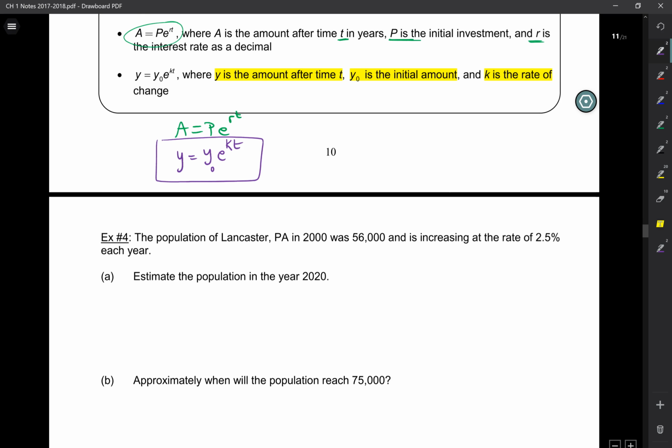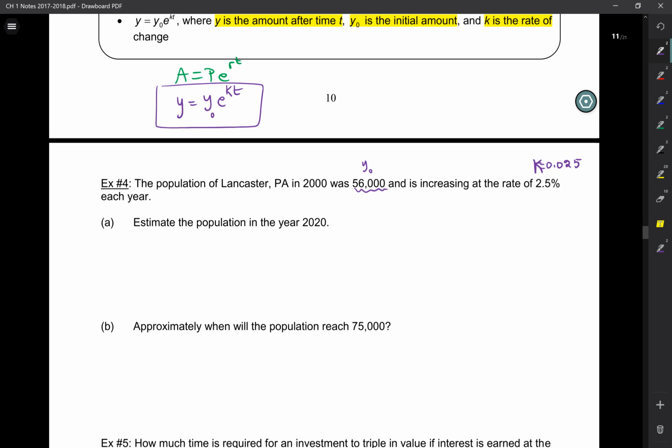So the population in a town in 2000 was 56,000, and it's increasing at a rate of 2.5%. So now, the 56,000, this is when the problem began. So that's our initial amount. What symbol will it get? The rate is 0.025, but we're not going to call it R actually, we're going to call it K. Now it says to estimate the population in the year 2020.